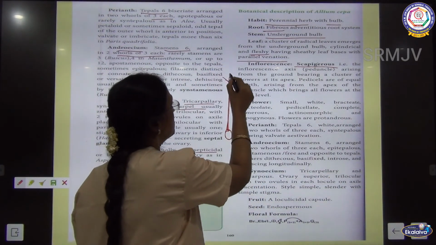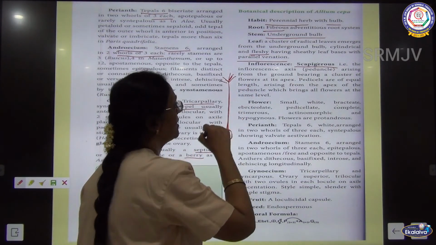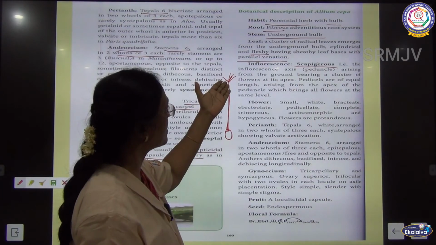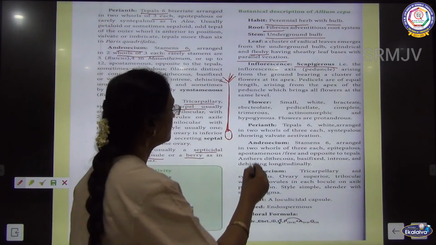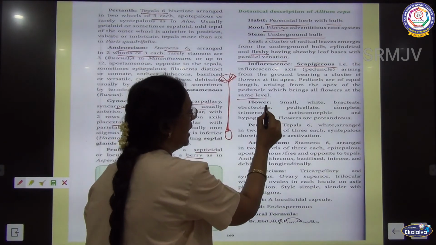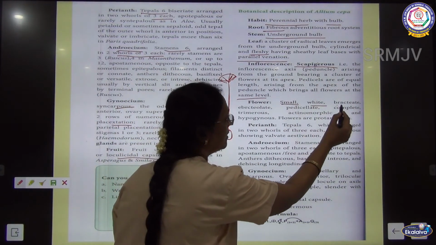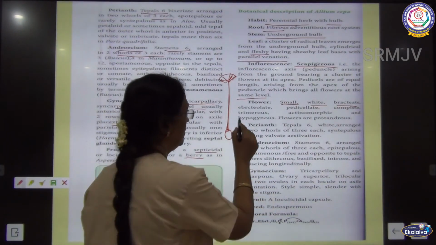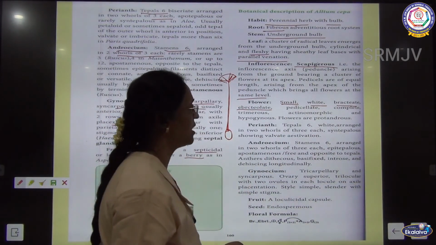You said that it is an umbel, so you will find that the pedicels may be of equal length from the apex of the peduncle, so that they all form at the same level. And the flowers are small, white, bracteate, as we have seen in the floral diagram, and they do not have bracteoles, so ebracteolate.